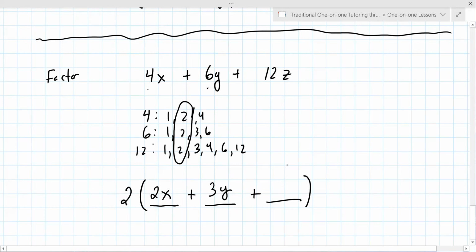What goes in this last spot? 6z. Do you see that if the number out here is multiplying, you're dividing each of these by 2? Okay, so let's try another one here.